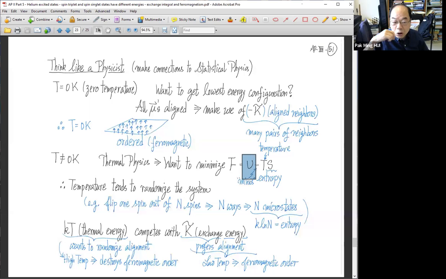At something called the Curie temperature, on average, there will be as many up as many down, and therefore the magnetization becomes 0, and that is the Curie temperature. And you can almost estimate what the Curie temperature is. It must be related to our energy scale divided by K. So this is roughly the Curie temperature.